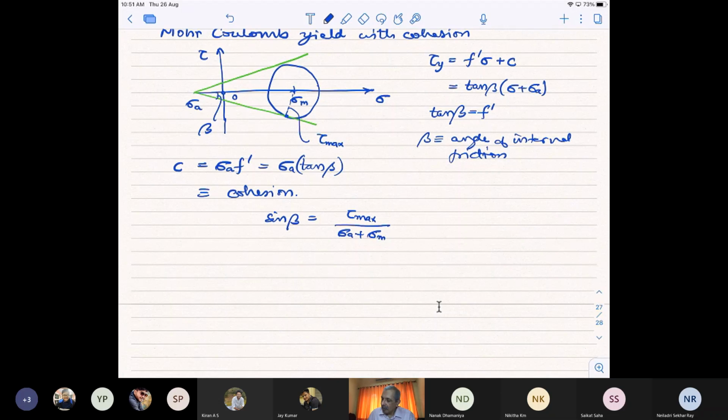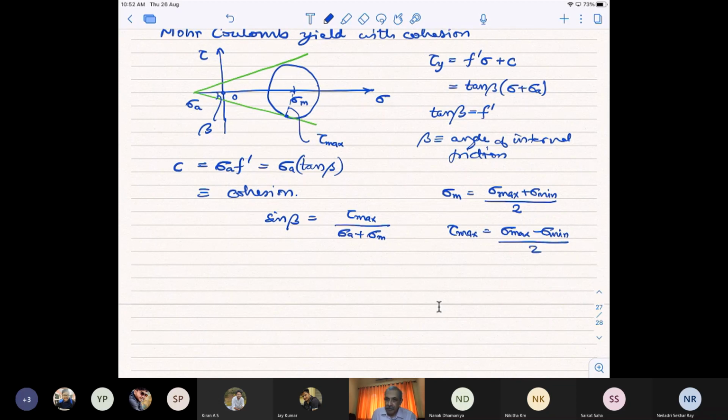But now we can easily write it in terms of, we know that sigma m is just the mean value, which is sigma max plus sigma min, is the mean value of the principal stresses. And then tau max is just sigma max minus sigma min divided by 2.